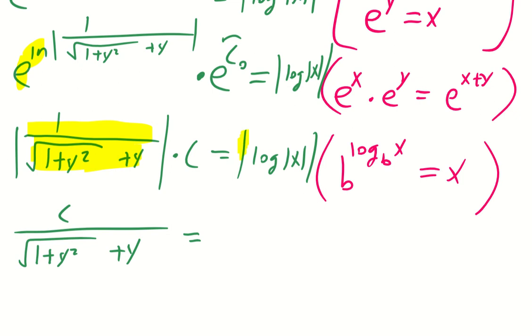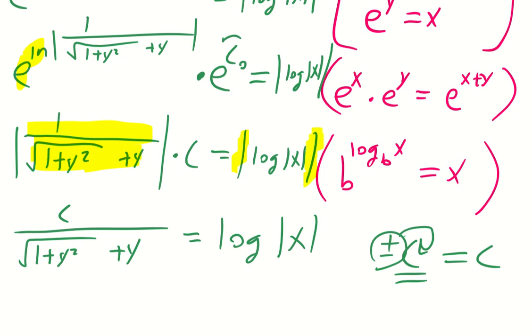Can we drop these? Well, we actually can. We can do a plus and minus. But if we say c plus and minus c, and c is an arbitrary constant, there's a sense in which we can just say this is equal to c, because this plus and minus absorbs into that arbitrary constant. Thus I can say this is just equal to the logarithm of the absolute value of x.